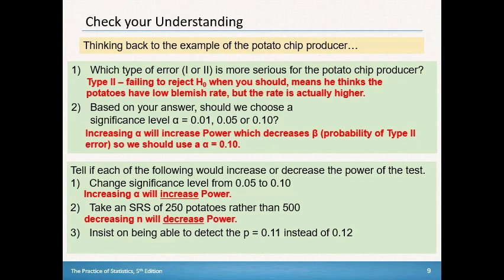And so we are decreasing the difference or the effect, and so that will decrease the power. And that's basically what it boils down to, is you need to know these 3 things. What 3 things affect power? It's the change in alpha level, change in sample size, and the change in the true alternative parameter.